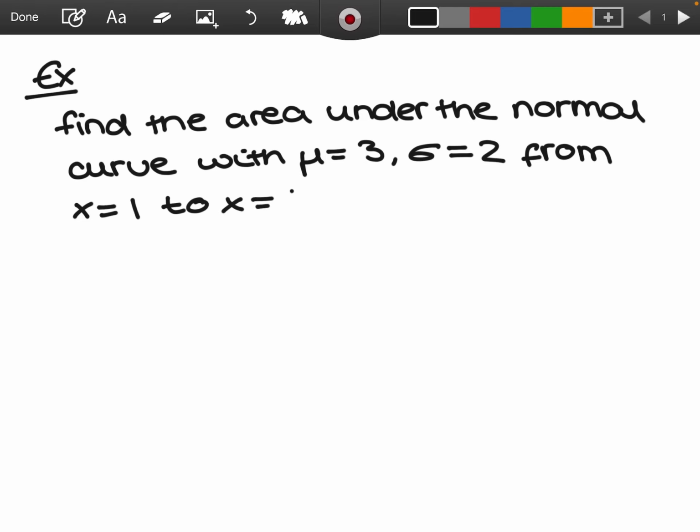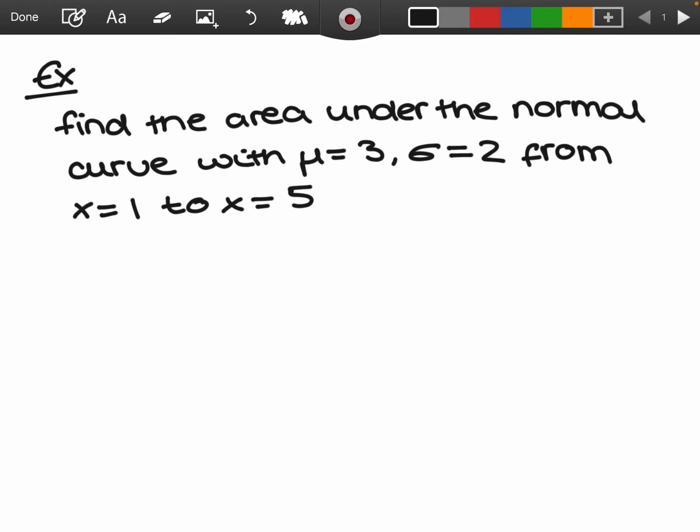And I want to go between 1 and 5. I'm using X here because I'm no longer in standard normal distribution. I've just got this random normal distribution where I've got a mean of 3, standard deviation of 2. So I no longer have 0 and 1. So I know I can't use Z to denote it.